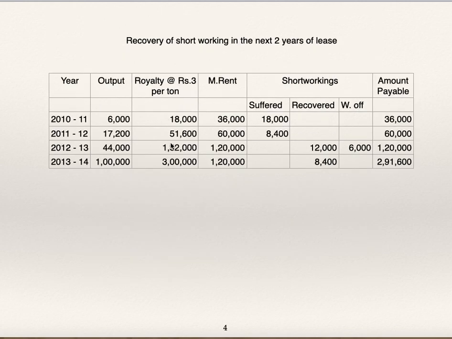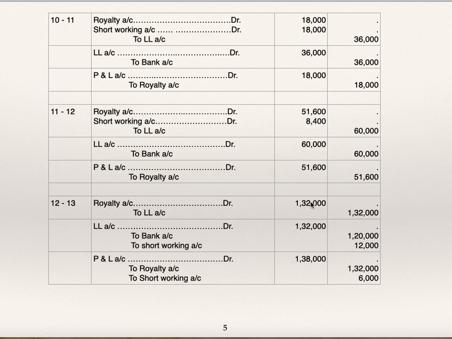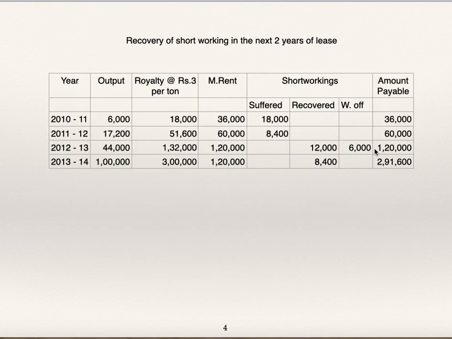Third year, royalty is more, so royalty to landlord 1,32,000, landlord account debit 1,32,000, to bank 1,20,000, to short working 12,000. Royalty to landlord, landlord to bank to short working, and last entry profit and loss to royalty 1,32,000, to short working 6,000. Short working written off is to be transferred to profit and loss account.